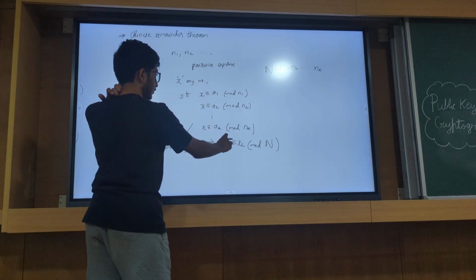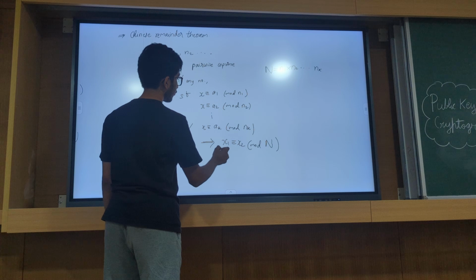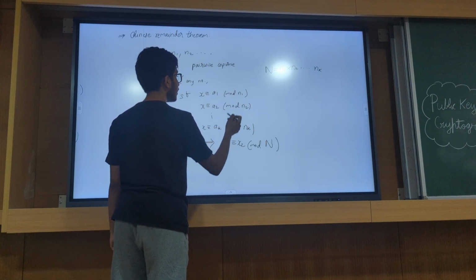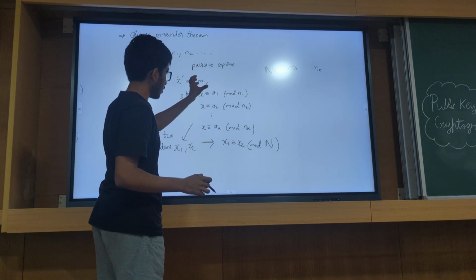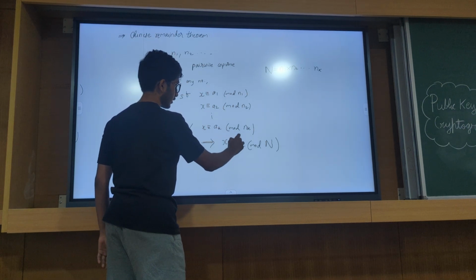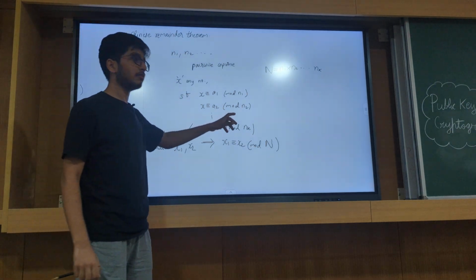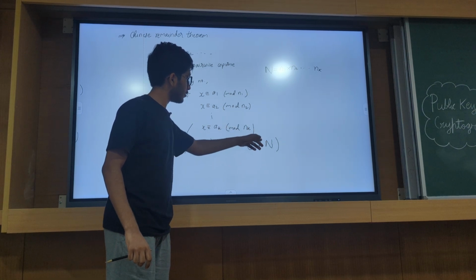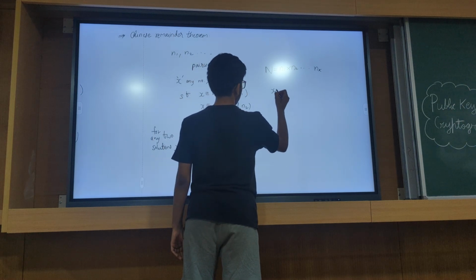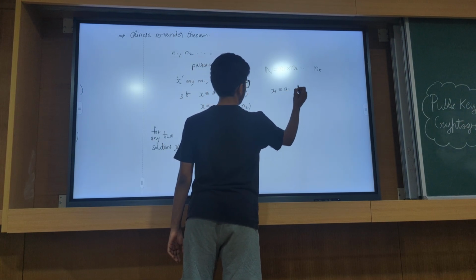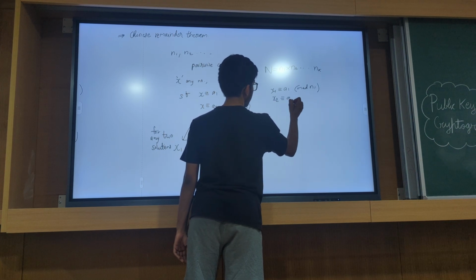Proving this is not that hard. Because x1 is congruent to a1 mod n1, and since x2 is also a solution, x2 is also congruent to a1 mod n1.